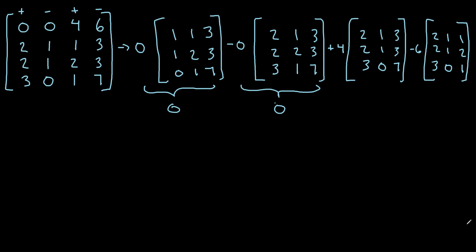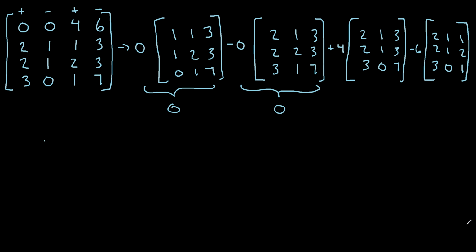So we'll get 0. So that makes our lives a little easier. That's why we actually chose the row with the most zeros to work with, because it simplifies the amount of work that we have to do. So now over here we'll have 4 times whatever the determinant of this matrix is, minus 6 times the determinant of this matrix. Okay, so let's first find the determinant of this matrix.